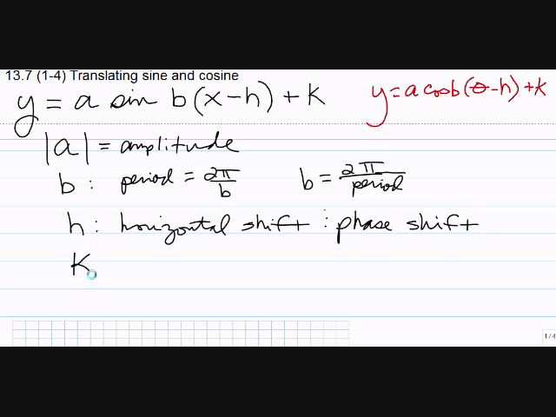And the K is the vertical shift. Remember, that's our up-down.